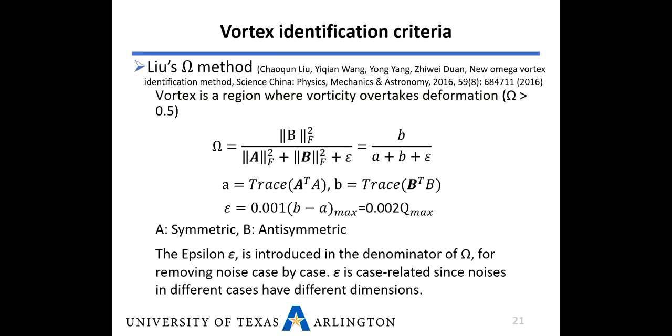This is one method, this is the only method we gave, I think in 2016, the omega method. The omega method is still, I believe, better than Q, lambda 2, lambda CI, and delta, better than all of them, with very simple, very minor change, very minor change.